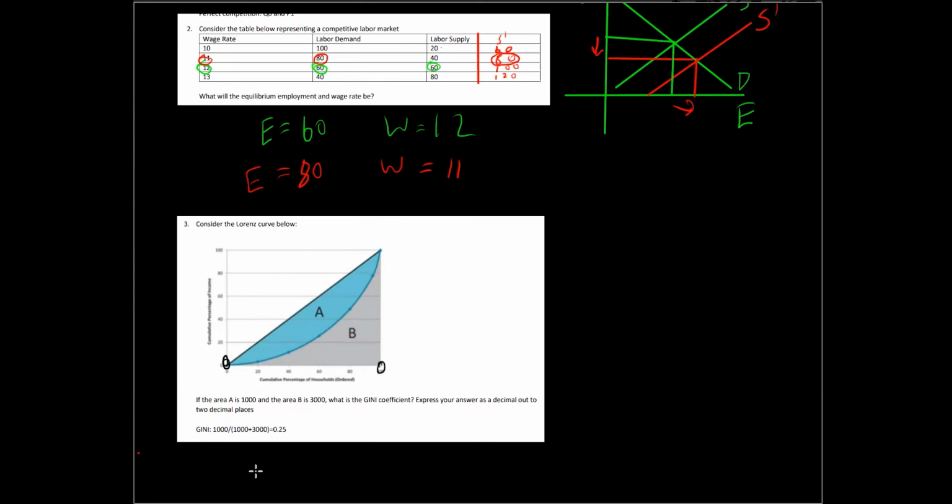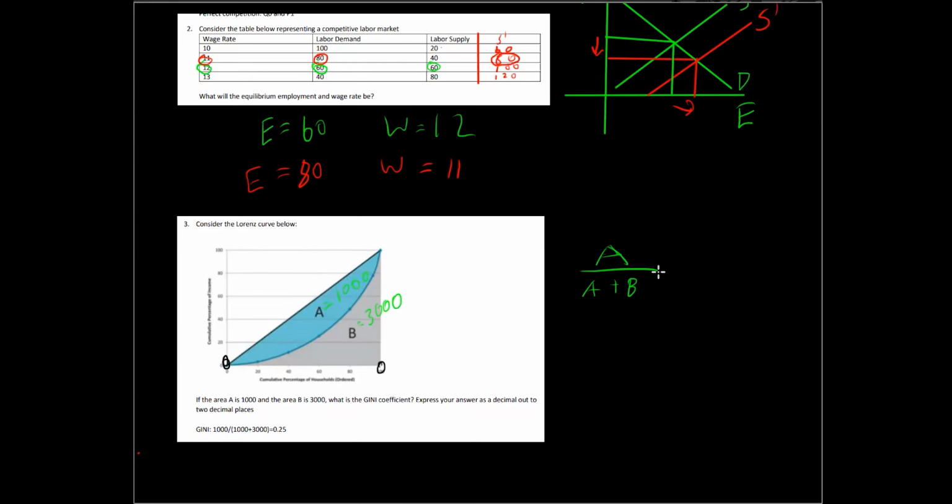To calculate the Gini coefficient, we compare the areas A and B. So we take A as a proportion of A plus B. So here I give you, if the area A is 1,000 and the area B is 3,000, what is the Gini coefficient?